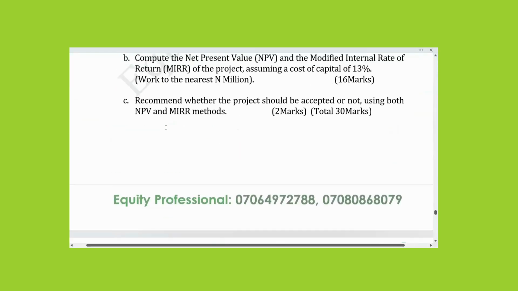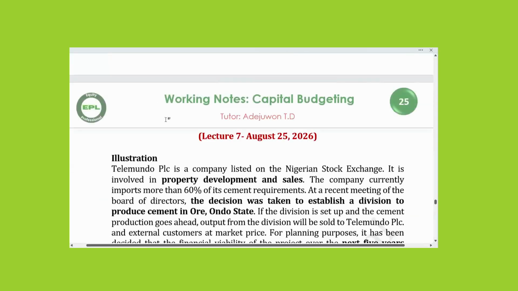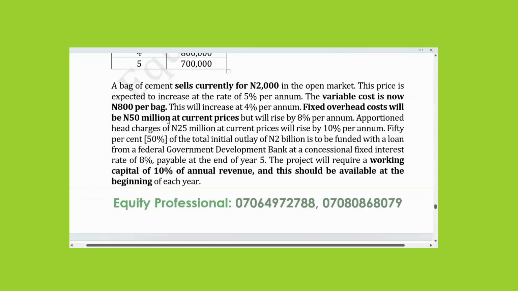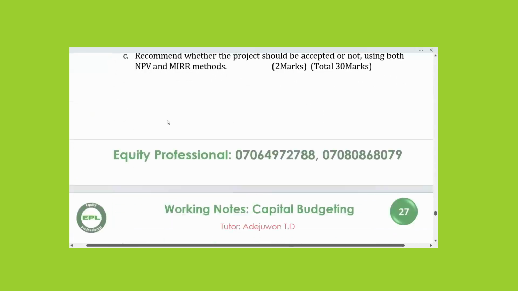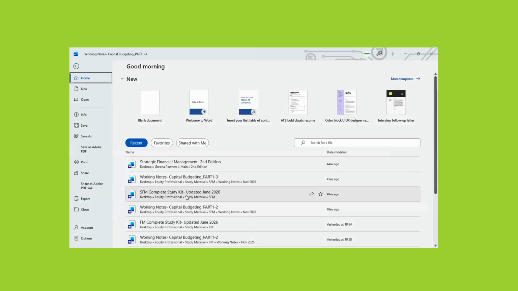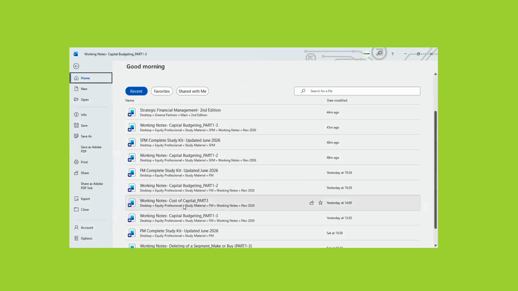Let me just go to our previous explanation. Oh, okay, this is not cost of capital. I wanted to pick the formula we have used before so that it will be faster. Let me see. I don't need to be looking for formula again.